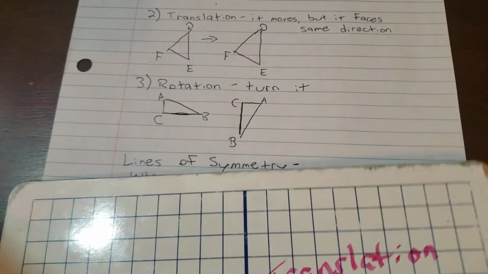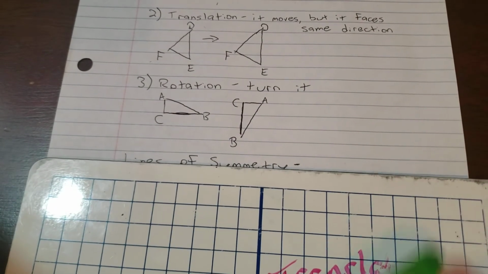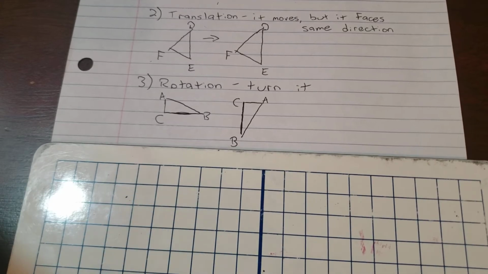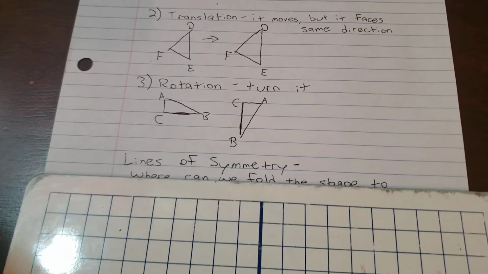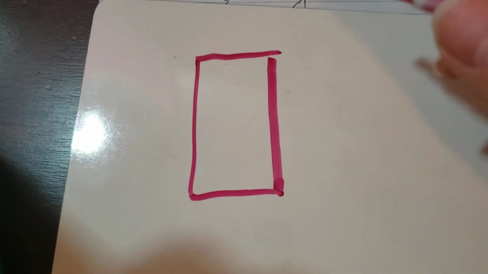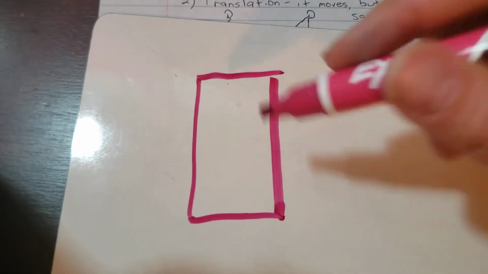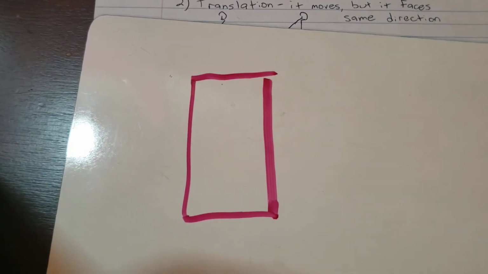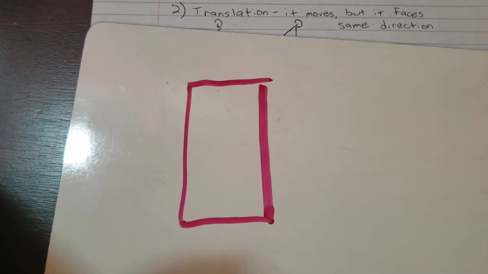So let me use the same whiteboard, but oh, you know what? I don't even need this side. I can just do it here. So let's say I have a rectangle. On my rectangle, where can I fold this in order to make sure that the rectangle is the same?